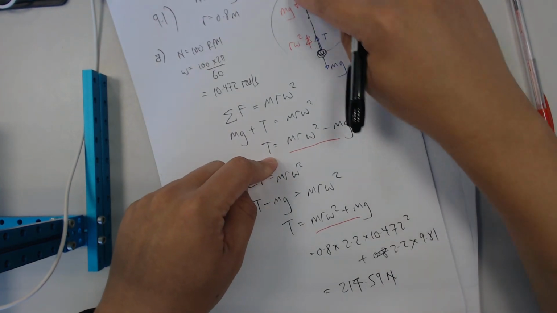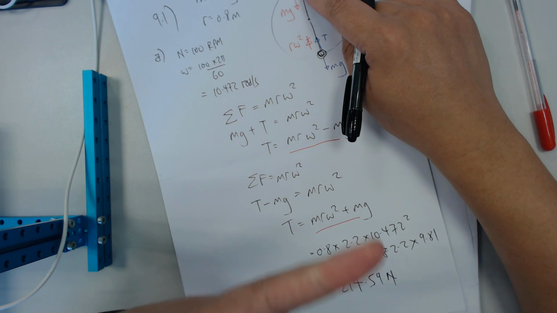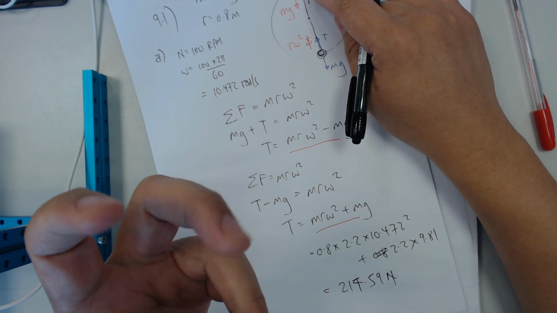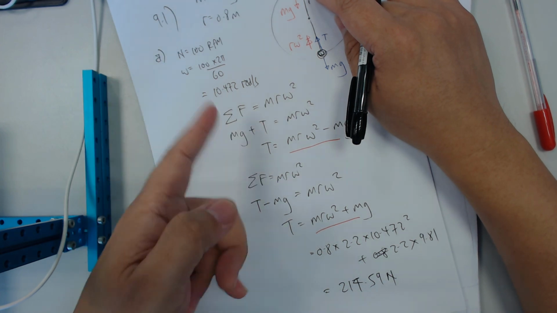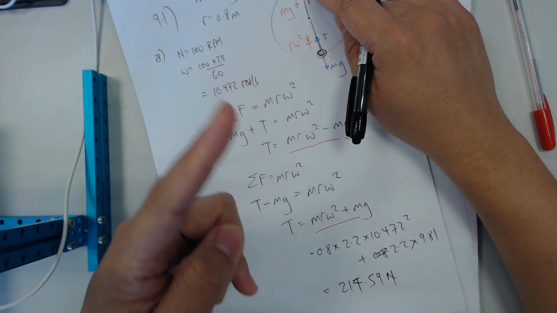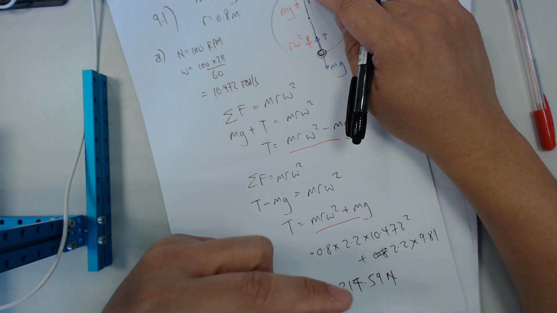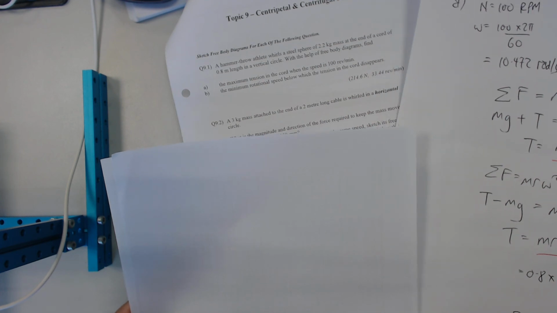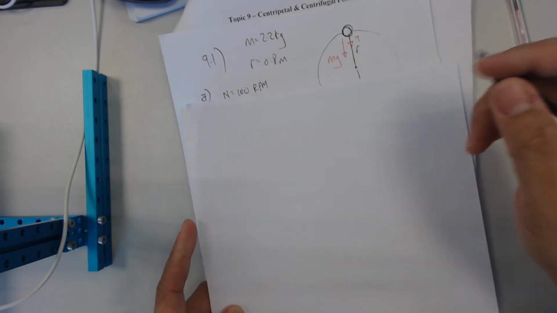The answer is at the top, because at the top it is likely that the tension is not there, but the sphere is still going in circular motion. So the tension disappears at the top position.